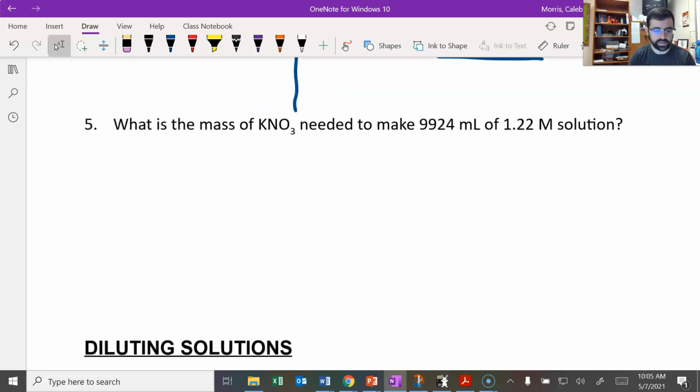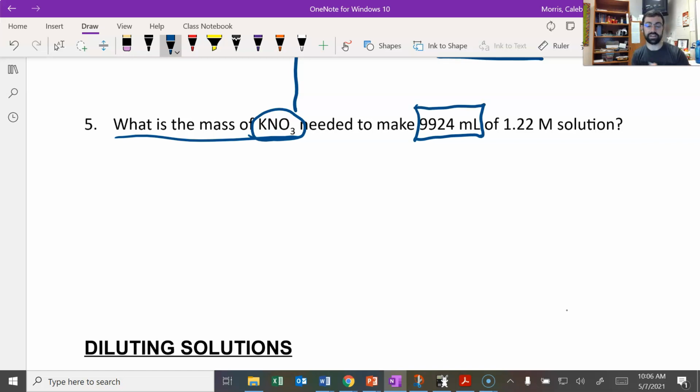What's the mass of KNO3 that's needed to make 9,924 milliliters of a 1.22 molar solution? Okay, so what I have is volume and molarity.